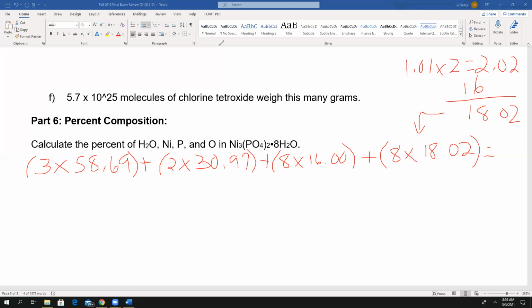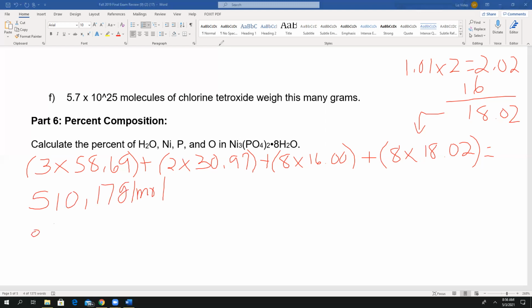Okay, so the molar mass of this stuff is 510.17 grams per mole. As you're looking at this, we now have to do each one.